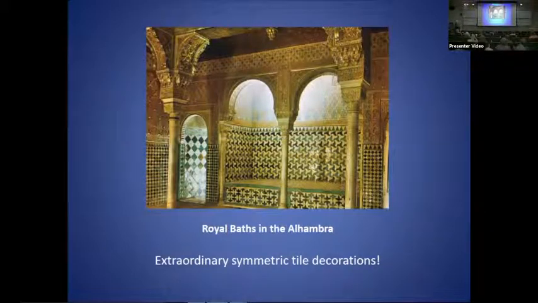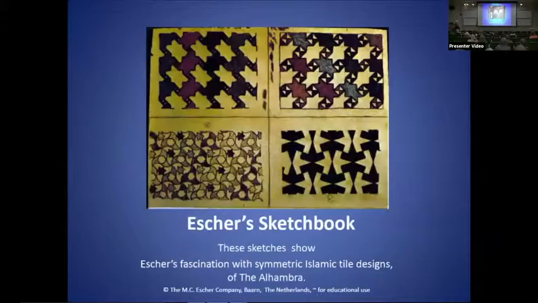You can see several different symmetric designs there. In his sketchbook, he sketched a lot of those designs, and then he used them to stimulate his further creativity later in life. So this is proof that he was inspired by these designs, as he took quite a bit of time and pain and effort to reproduce them in his sketchbook.